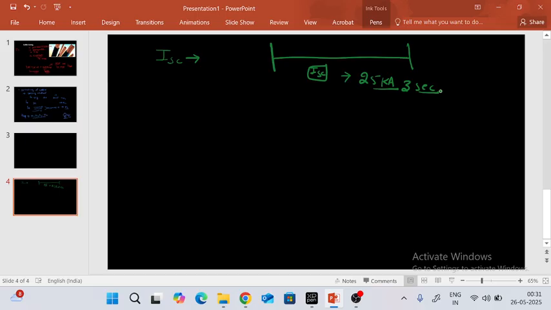There is one formula for calculating ISC, the short circuit current of the system: ISC equals K A by root T. This is the formula we use to define the ISC of the system.